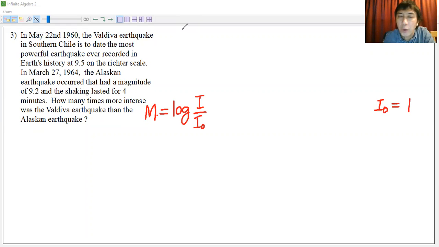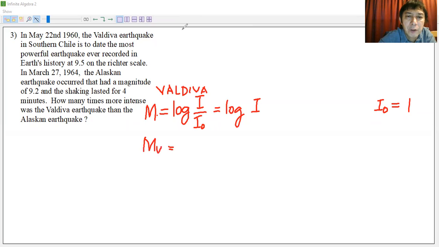So our working equation here will be reduced to M equal to log I, because I over I of 0, that's I over 1. So that becomes log I. So we shall use it with the Valdivia earthquake. So this will be MV is equal to log IV. And so our magnitude here is 9.5.